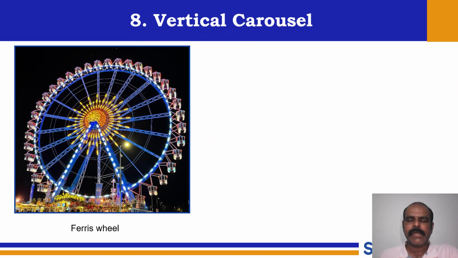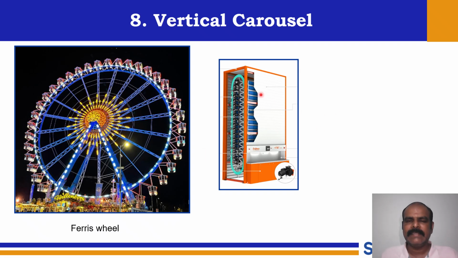The moment we come across vertical bins, the analogy which should strike you is a Ferris wheel, or a giant wheel, as we call it here. It is going to rotate around one particular point, so space utilization is ensured. Of course, it's a fun-filled ride, but the same philosophy is adopted here.